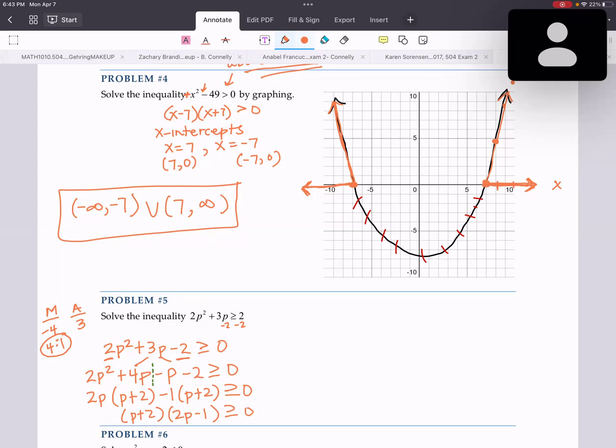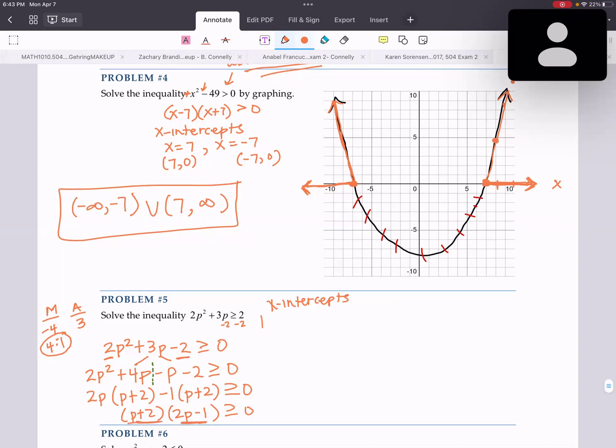Okay, but remember, we want to know where our x-intercepts are going to be. And that's when we put each of these equal to 0 and solve. So if I have p plus 2 equals 0, and then 2p minus 1 equals 0.